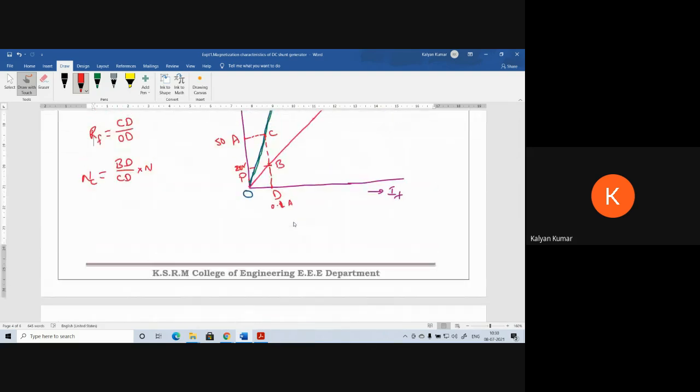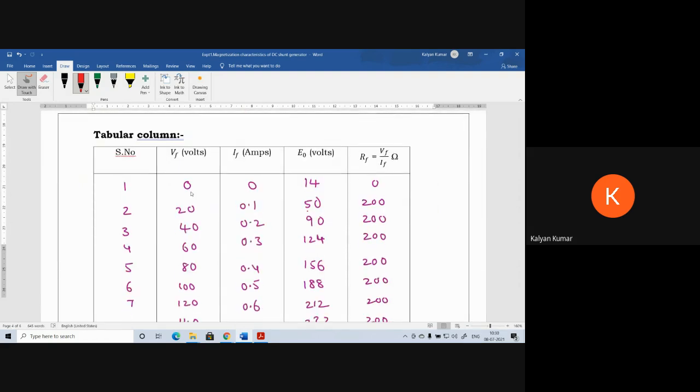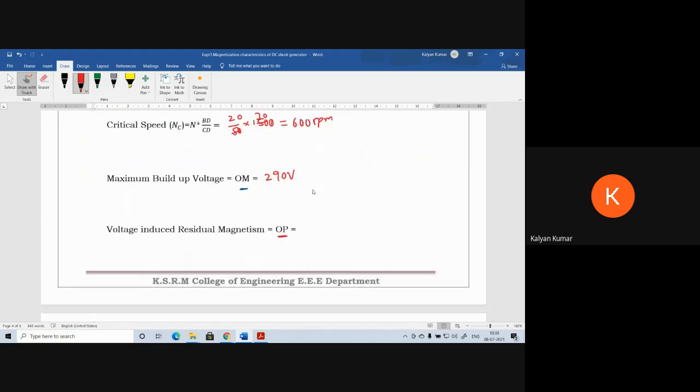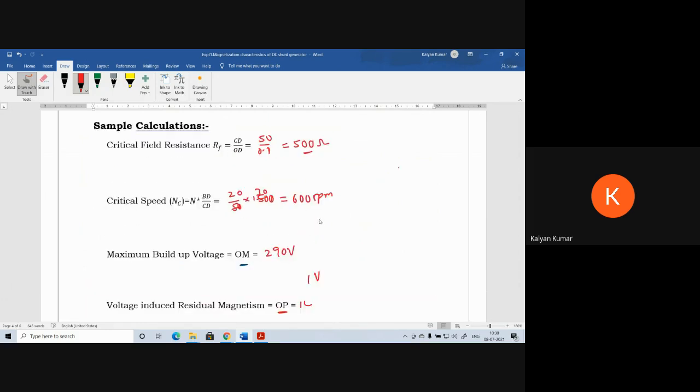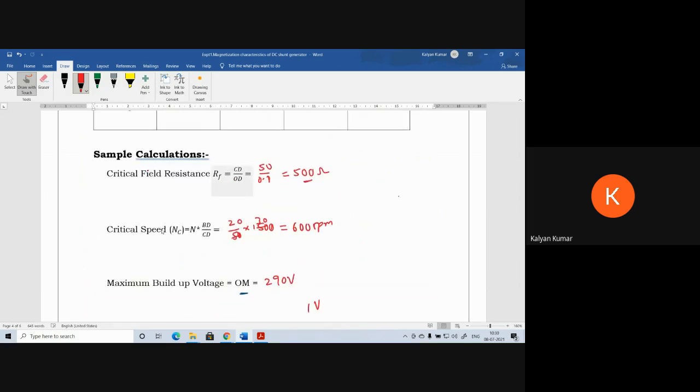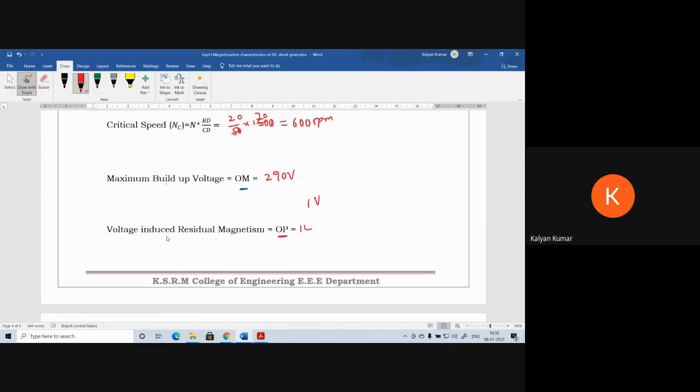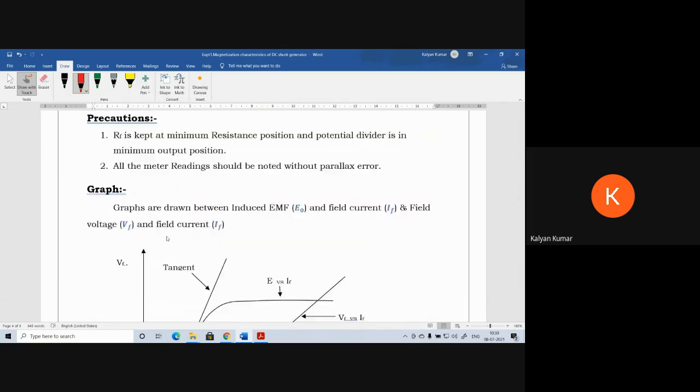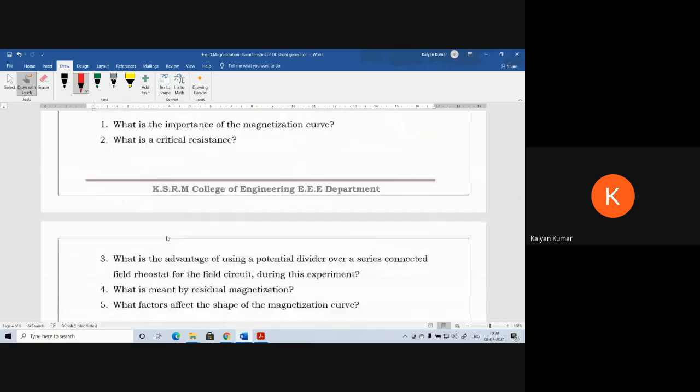OP is the point at which the OCC starts when field current is 0. When field current is 0, E0 is 14. So OP will be equal to 14 volts. Like this, we need to calculate the critical field resistance, critical speed, maximum build-up voltage, and voltage induced due to residual magnetism.